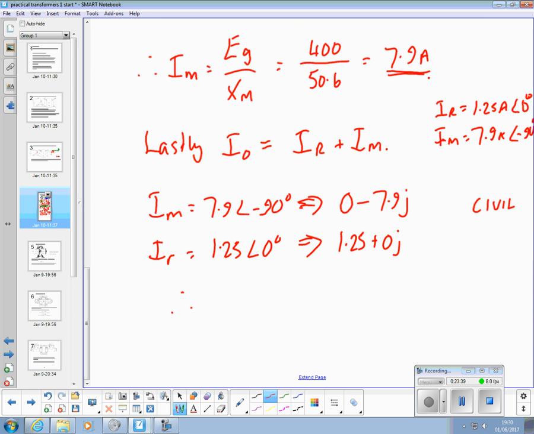Therefore, IO is equal to these two added together, 1.25 minus 7.9J amps. Now convert it back. See what you get.